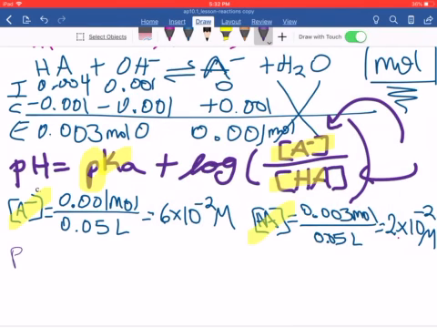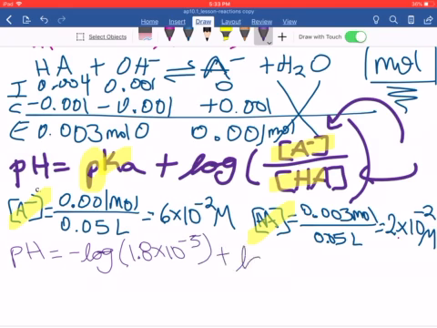Okay, so our pH is equal to negative log, because that's what P stands for, of our Ka from up above, which was 1.8 times 10 to the negative 5th, and we're adding that to the log of the acetate, the conjugate, divided by acetic acid, the weak acid.